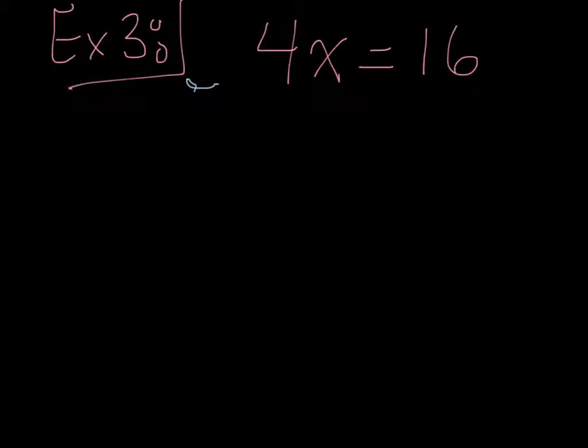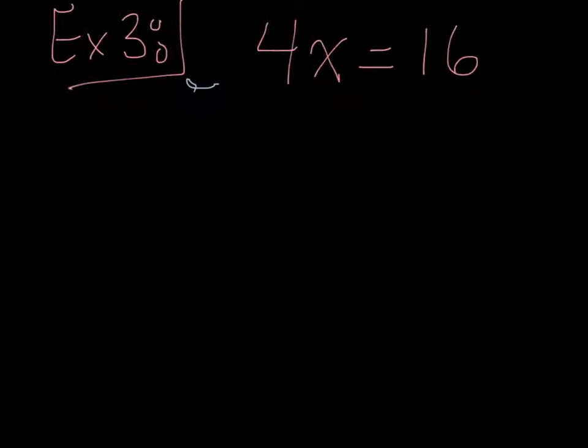Okay, next example. This one is multiplying. So over here by the x, I have a 4 sitting next to it. This is like 4 times x equals 16, or 4 times a number equals 16.